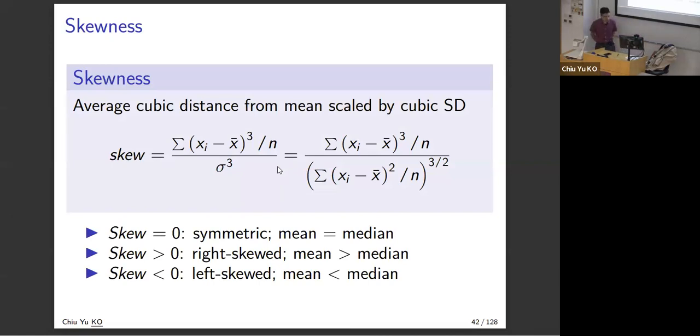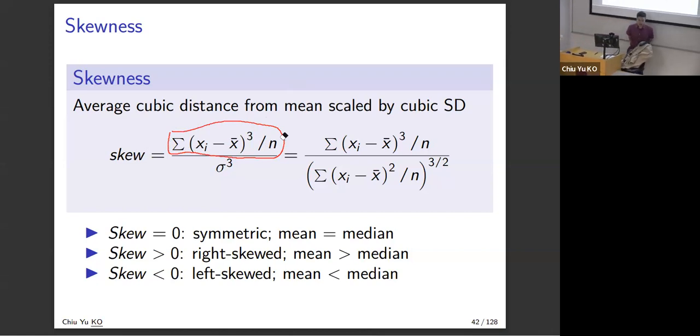The first one is skewness. By itself the formula looks crazy, but if you bear with me for a few minutes, it will make sense. First, look at the numerator. If you still have the variance formula in your mind, the variance just has the square here. Now we are away from variance; we have the power of 3. What does that mean?